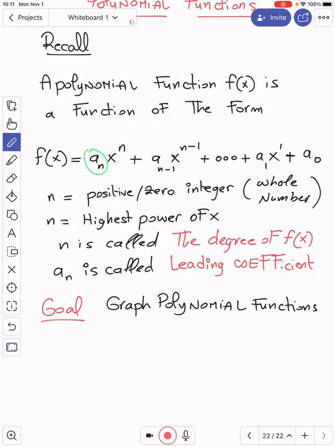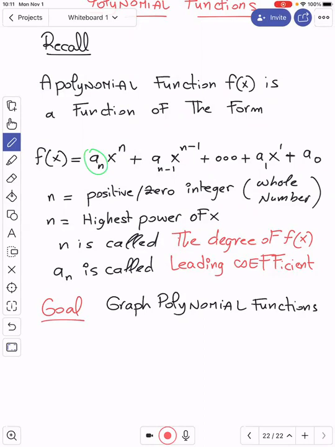We have also linear functions, when the highest power of x is 1. And then we have quadratic functions, and graphs of quadratic functions are parabolas. Then the question, of course, is how to graph polynomials of degree larger or equal to 3.